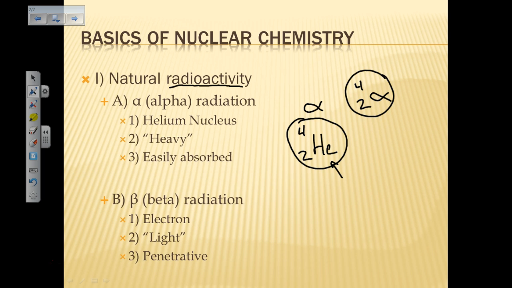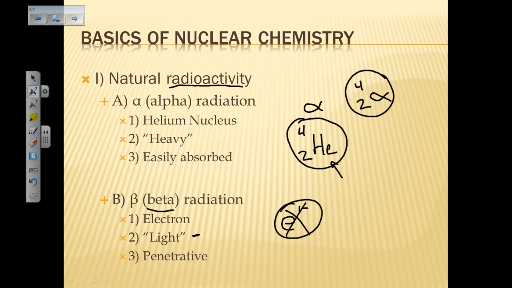Okay, but beta radiation is a little bit smaller. It's light, as we can see here, and this is just an electron. And again, this is our context. For an electron, we would always do this, and we would put a 1- charge here, but that's not how we're going to indicate beta radiation.